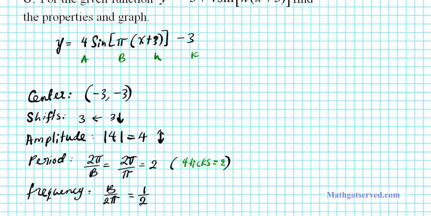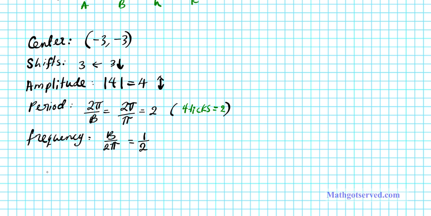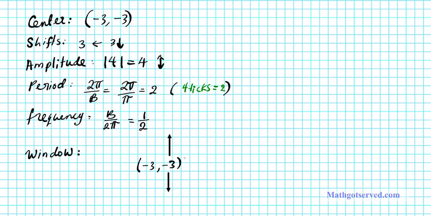All right, let's go ahead and set up our window so that our graph will look nice. So for the window, starting from the center, -3, comma -3, we're going to go up and down 4 units. That's along the y, up 4, down 4. And then we're going to go side to side by a period, okay?